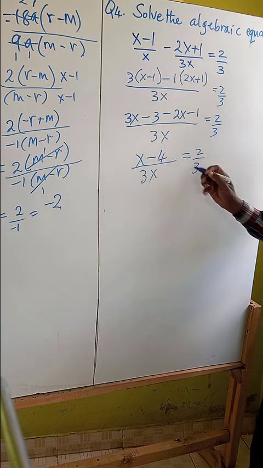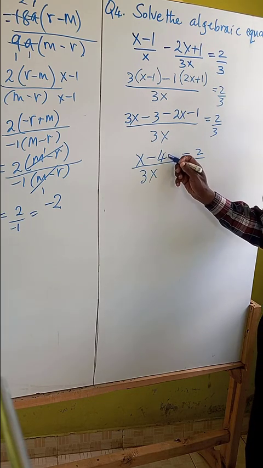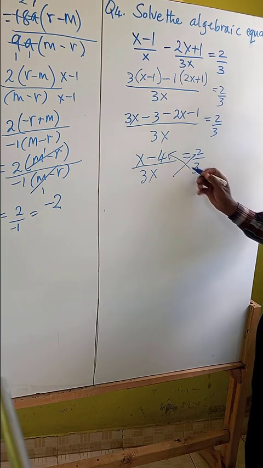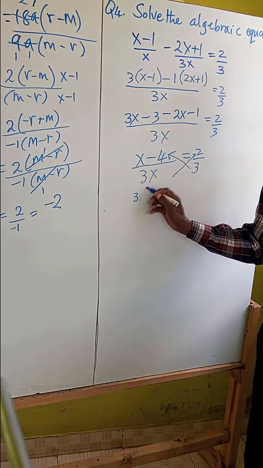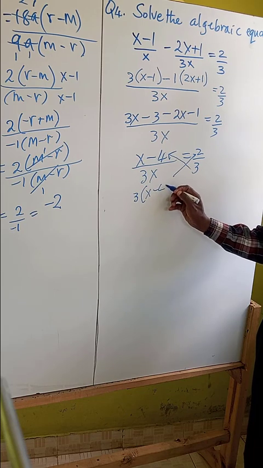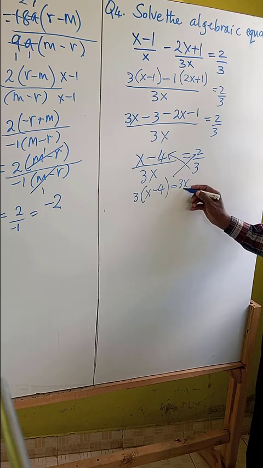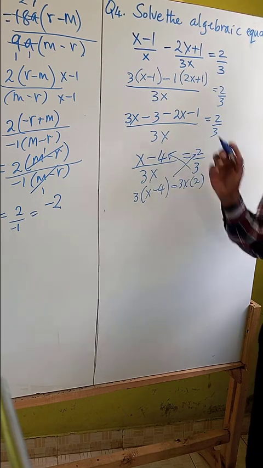So at this point, we cross multiply. We cross multiply what we have here, we get 3 into x minus 4, which is equal to this 3x into 2. What do we get?